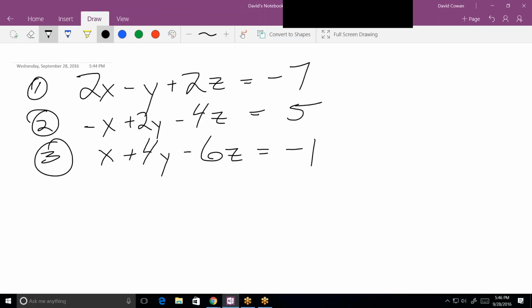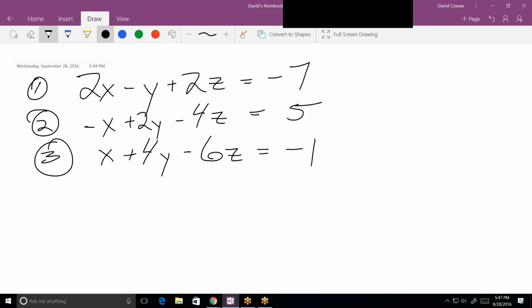Okay? So, step one, my plan is to create an equation number 4, missing a variable, and an equation number 5, missing the same variable. So I'm always allowed to add or subtract equations. Can I eliminate a variable?